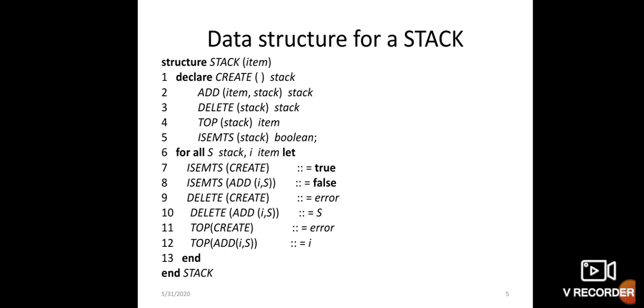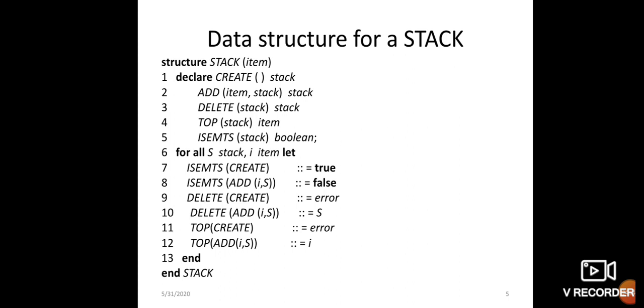In the data structure, you formulate what should be there and what should not be there. You're formulating a data structure for stack, so you give the name as stack, and your stack will have an item. Then you declare create.